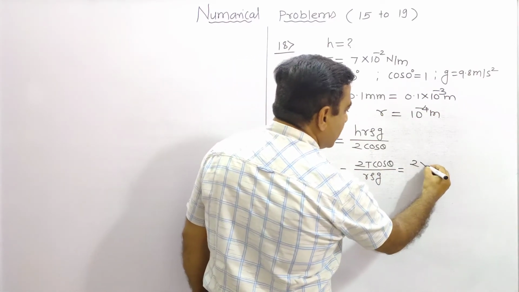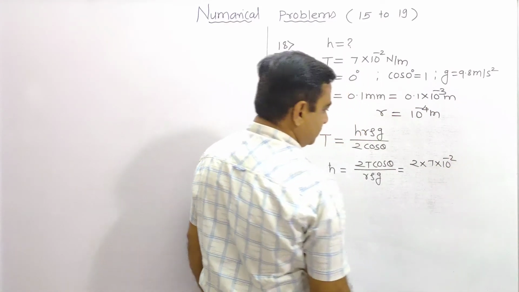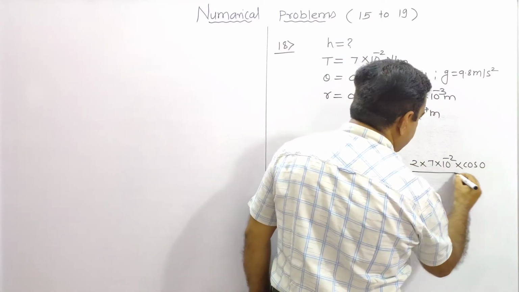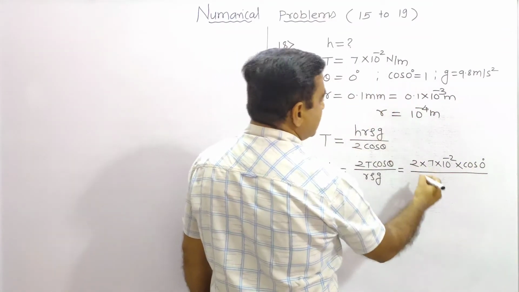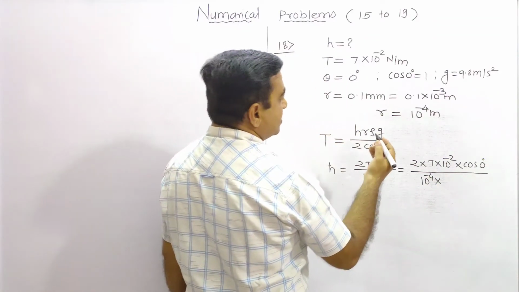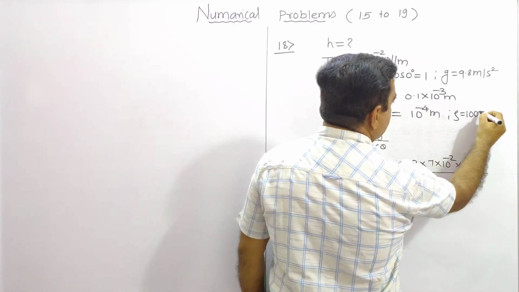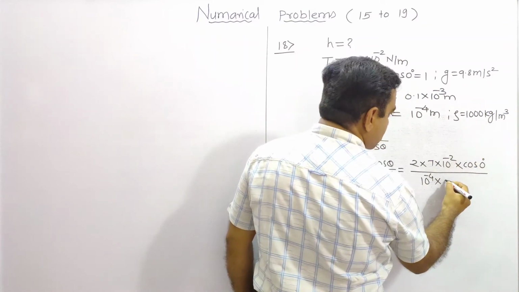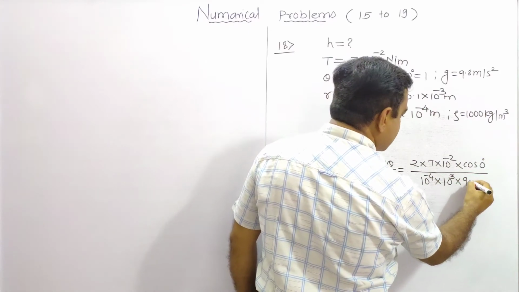After substituting, 2 into 7 into 10 raised to power minus 2 into cos of 0 degree, divided by r, that radius is 10 raised to power minus 4, into rho. Density of water is how much? It is given that rho is equal to 1000 kilogram per meter cube, so it is 10 raised to power 3, into g, that is 9.8.